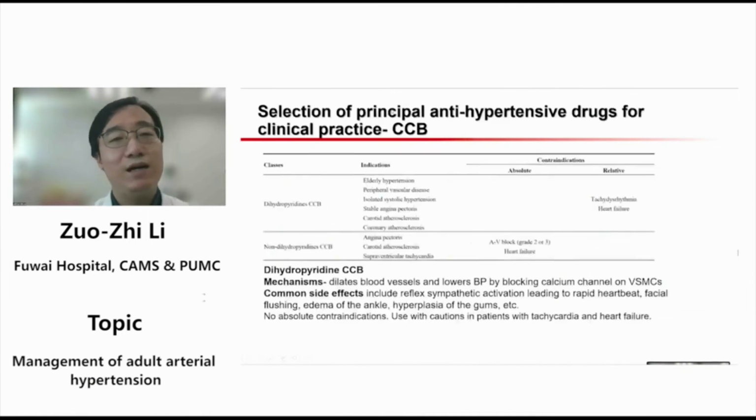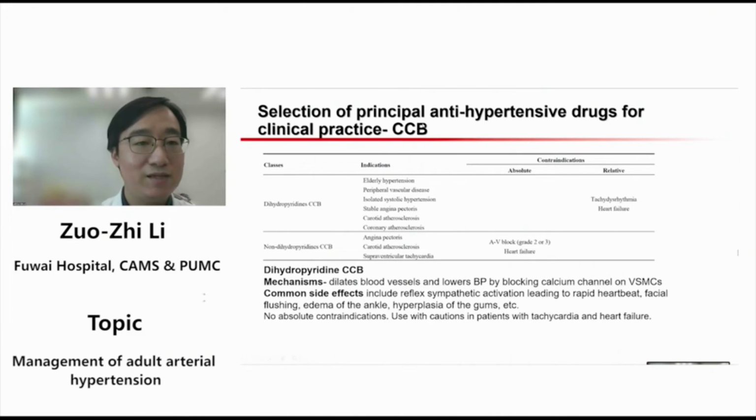Now, let's discuss all 5 types of antihypertensive medications. CCB can be classified into 2 groups, the dihydropyridine CCB and the non-dihydropyridine CCB. Dihydropyridine CCB is more commonly used for antihypertensive medications.